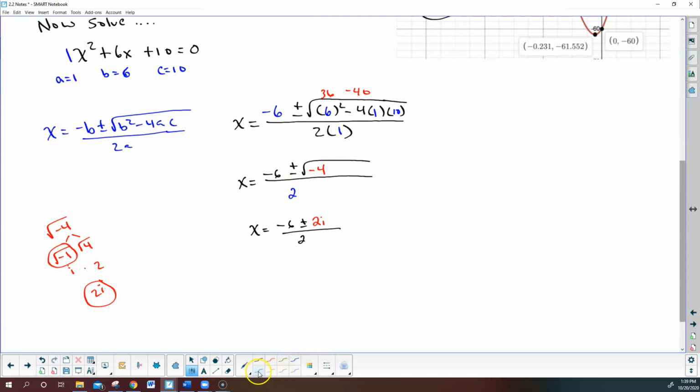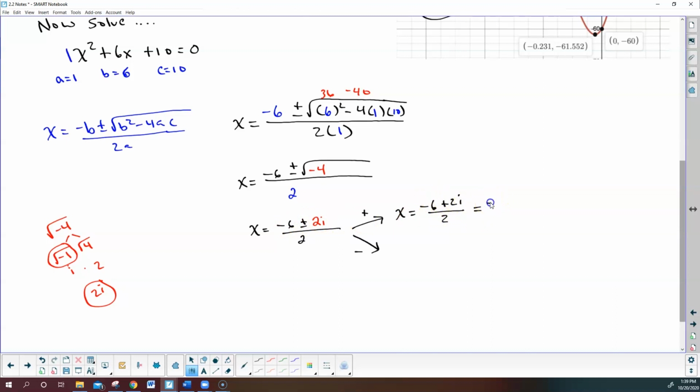So then I just have to actually set up my two answers. All right, we're going to use 1 with the plus and 1 with the minus. Now, we can't actually add negative 6 plus 2i over 2. However, see this divide by 2?